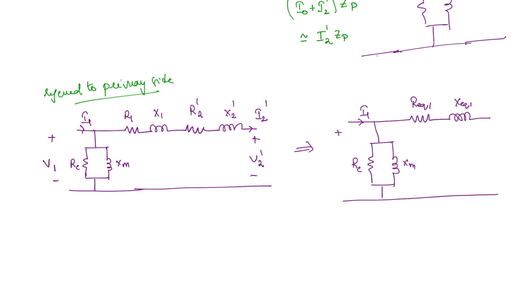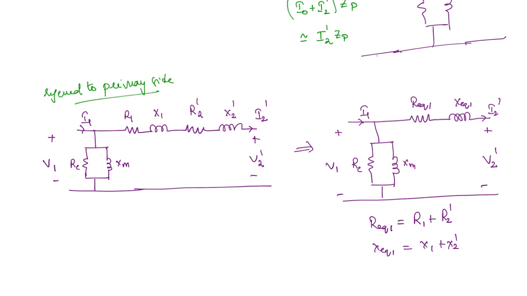Here the voltage will be V1, this current will be I2 dash, and this voltage will be V2 dash. What is R equivalent here? R equivalent 1 is R1 plus R2 dash, and X equivalent 1 is X1 plus X2 dash.